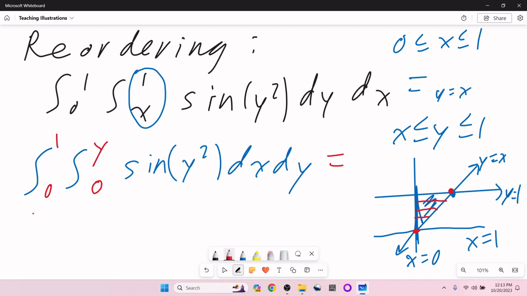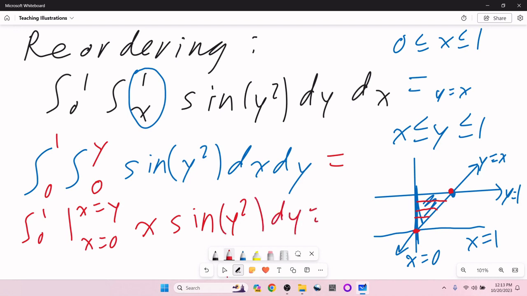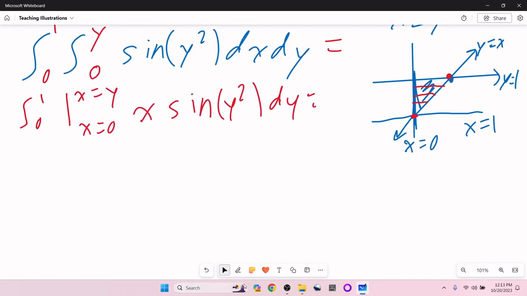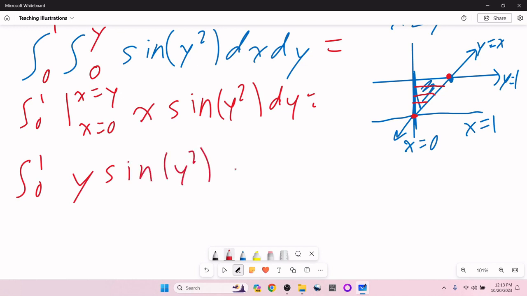So then let's do this integral. Let's try this now. dx first, sine y squared is constant, so we can say x from 0 to y of sine y squared dy. And that becomes the integral from 0 to 1 of y sine y squared dy minus 0, so that's fine.